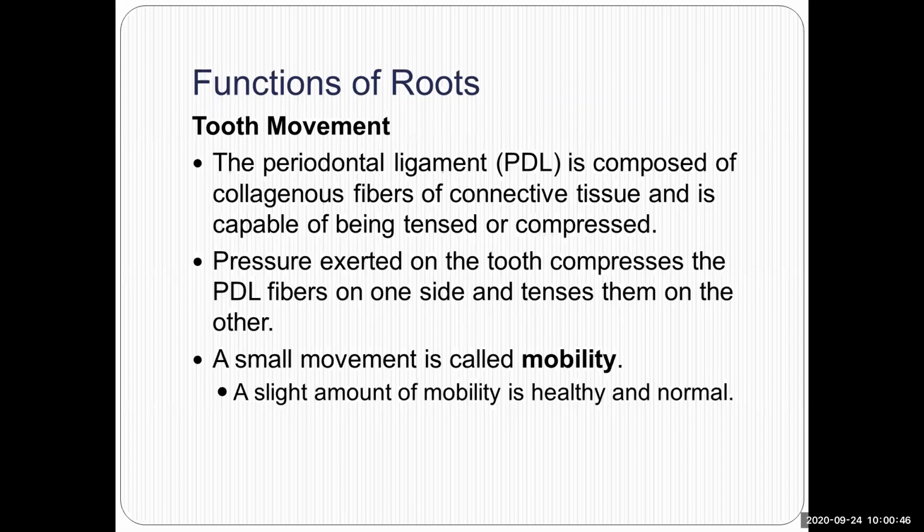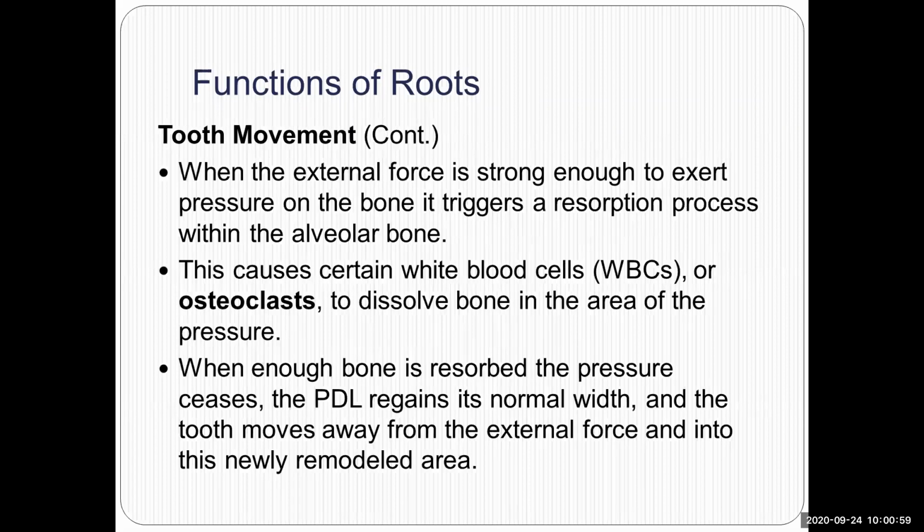Now, we don't always see this, okay? We can see a little bit of wiggling on the mandibular anterior, for example, on the incisors, but we really don't see it anywhere else. When the external force is strong enough to exert pressure on the bone, it triggers resorption within the alveolar bone.